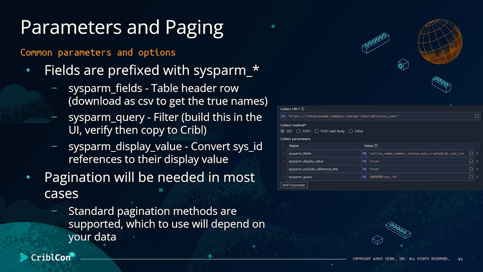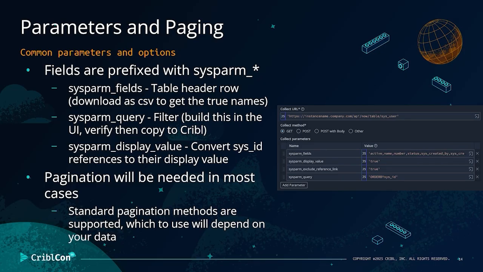So every ServiceNow table has a sys ID, which is a UUID that is unique to that row. That's important, because you're going to use that in a lot of places for deduplication, sorting, things like that. But by default, the API will return the UUID rather than what you're looking for, which is like the name. Set sysparm display value to true.